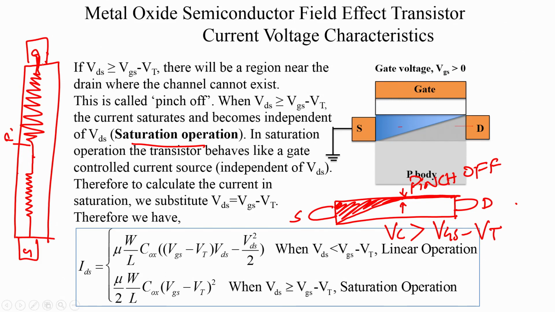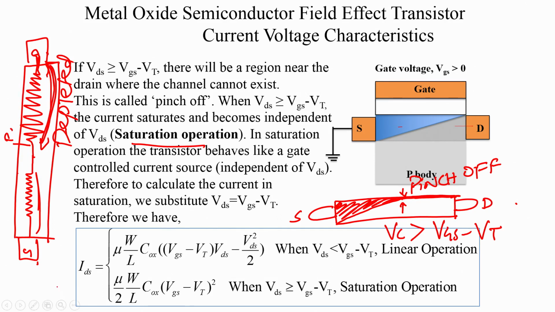So, now when you have a drain to source voltage, most of the voltage drops across the large resistor in the region that is actually depleted. All this region beyond the pinch off point is depleted, right. So, you have a large resistor here, and a much smaller resistor here. You have most of the voltage drop across this region.